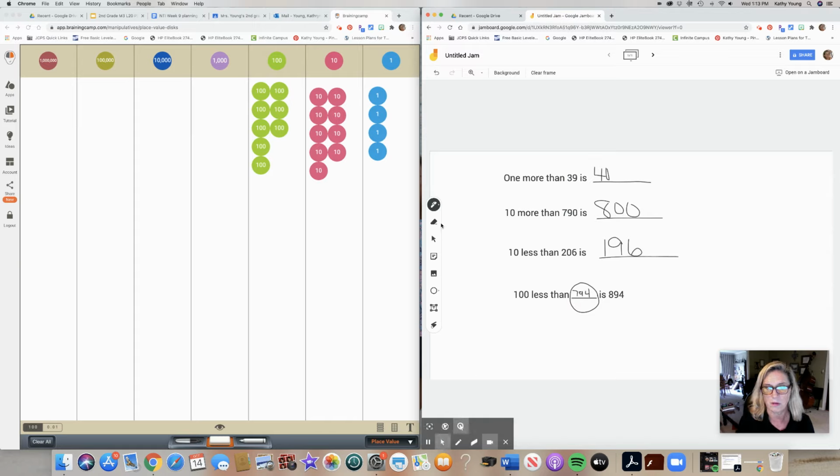So I'm going to need to choose the right eraser first of all. What this is asking me to do is add 100 to 894, because that's the number that you're subtracting the 100 from. So let's say that one out loud and see if that one makes sense. 100 less than 994 is 894. Is that correct?